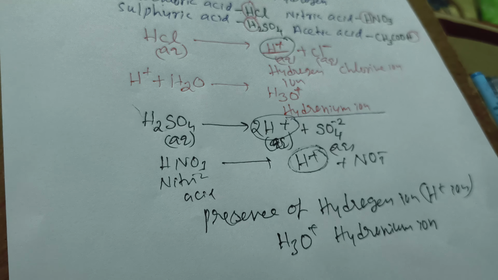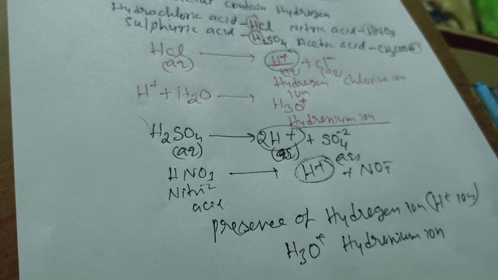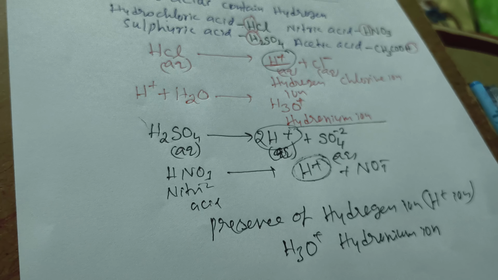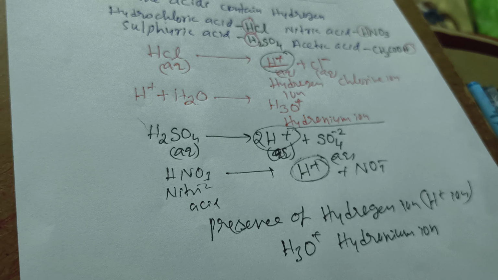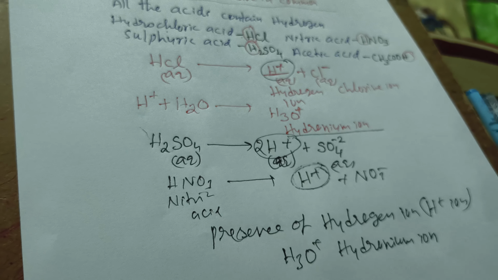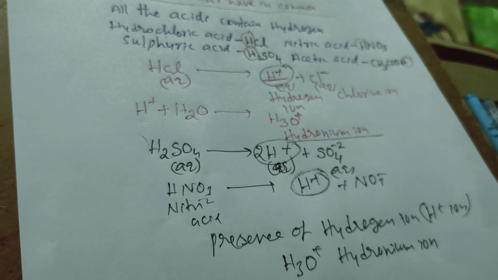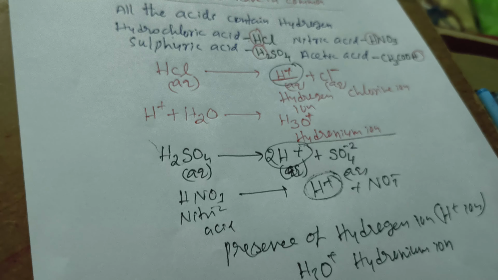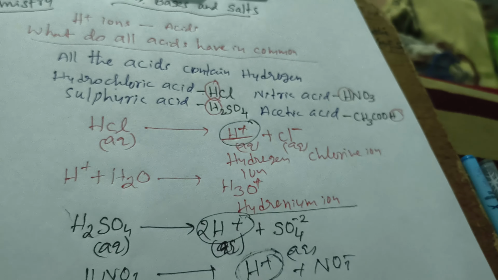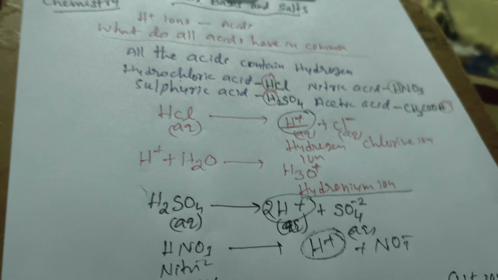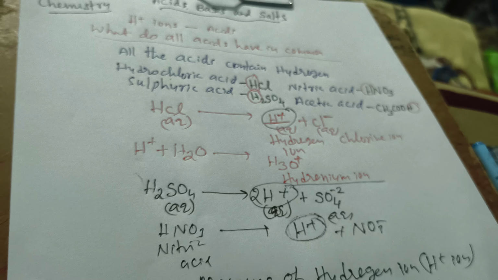So what do all acids have in common? All the acids have hydrogen as a common element or common atom. So this is about the common thing present in the acids. Okay, thank you.